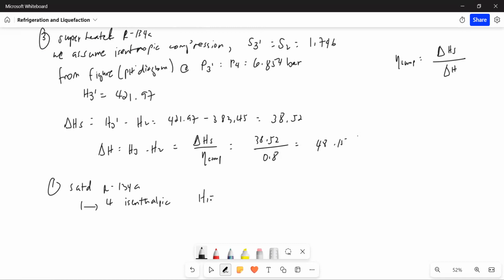Therefore H1 equal to H4 equal to, what's the value? Let me go back to H4, 235.7.